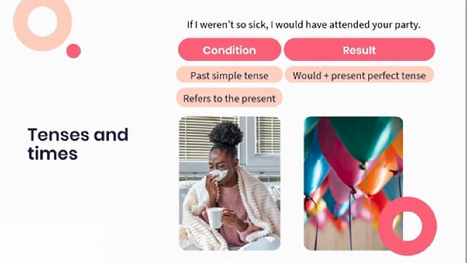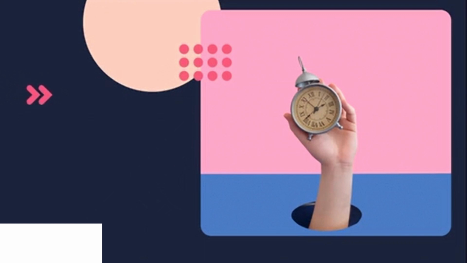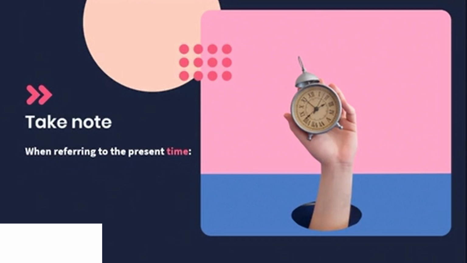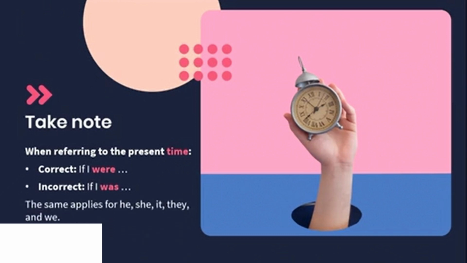To what time does it refer? It refers to the past. The party happened already. One very important note is that when referring to the present time, we say if I were, not if I was. The same applies for he, she, it, they, and we.